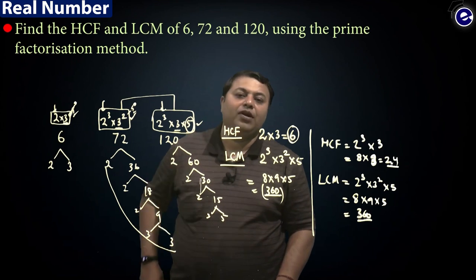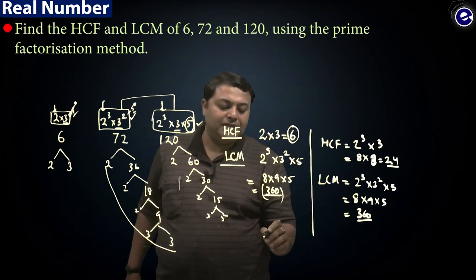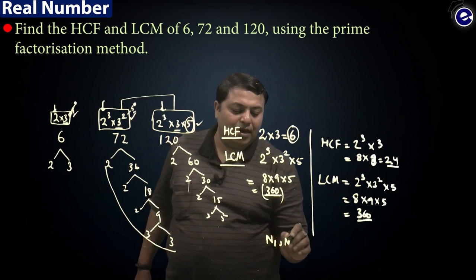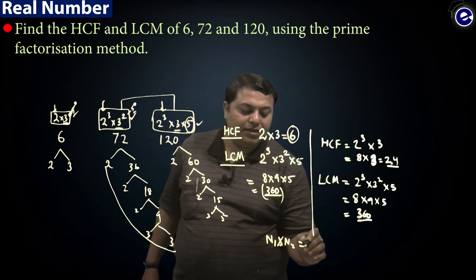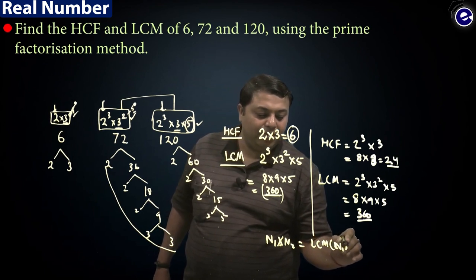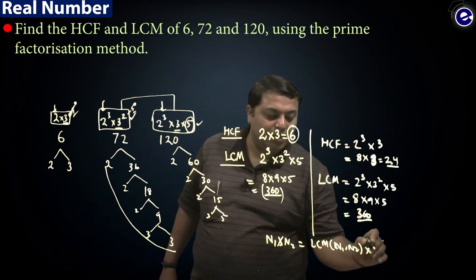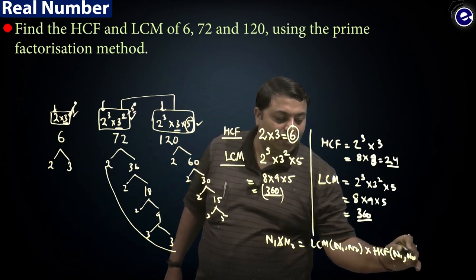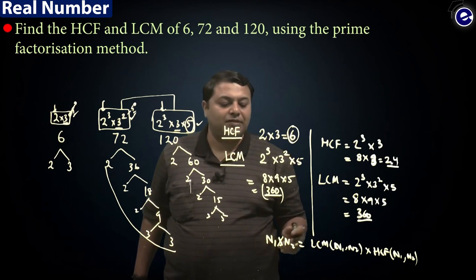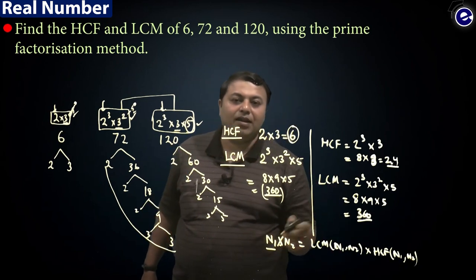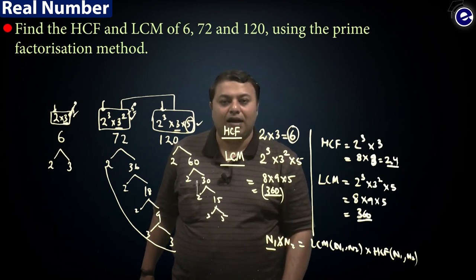One more important formula to remember is that the product of the two numbers, n1 into n2, is equal to the LCM of n1 and n2 times the HCF of n1 and n2. Sometimes they give you the LCM and the HCF and one number, and you have to find the other number.